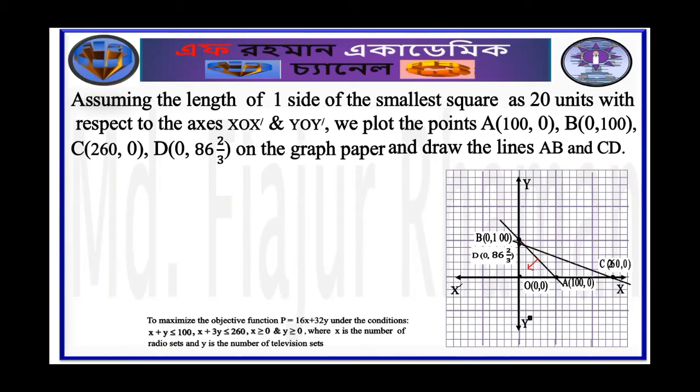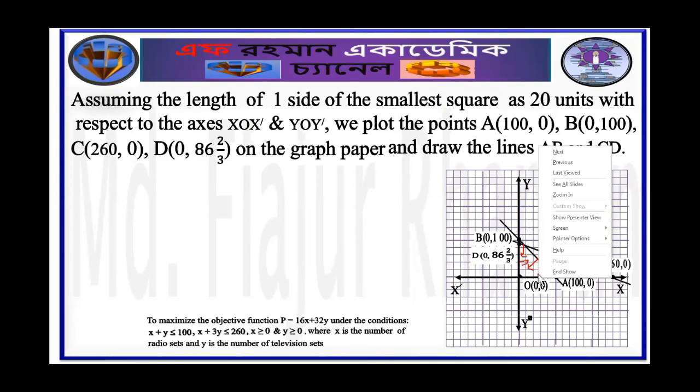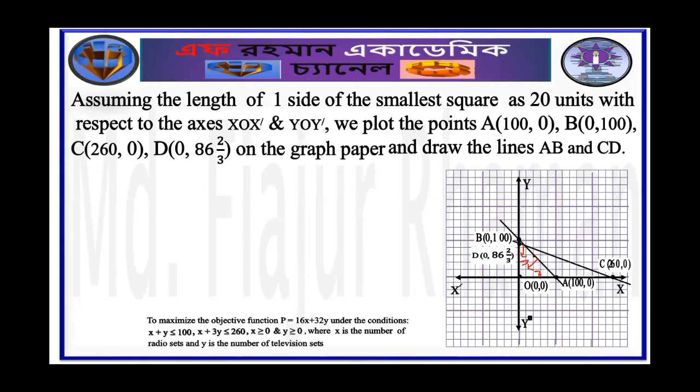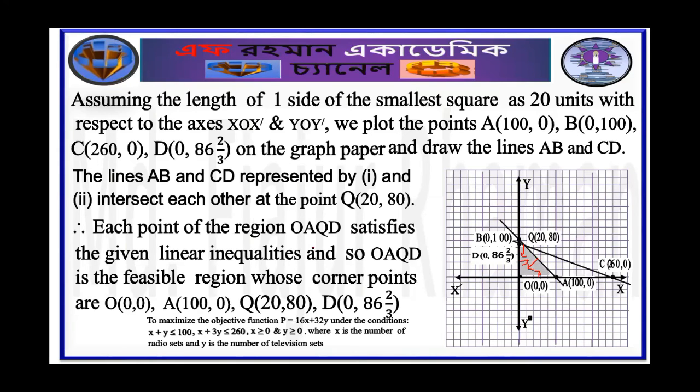Similarly, the second linear inequality represents the half plane containing the origin. x greater than or equal to 0 represents the half plane on the right side of the y-axis, and y greater than or equal to 0 represents the half plane in the upward direction. Thus, we can easily say OAQD is the feasible region.